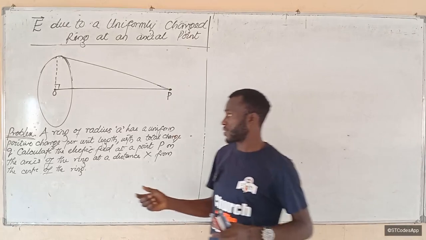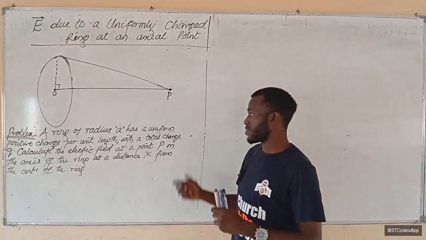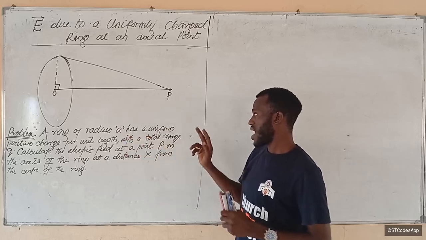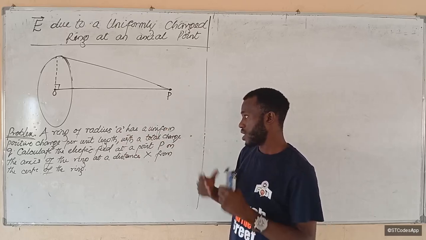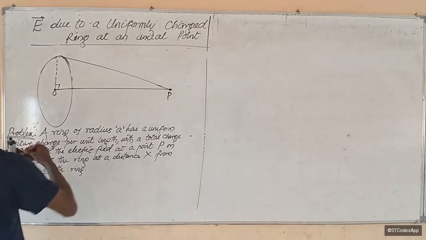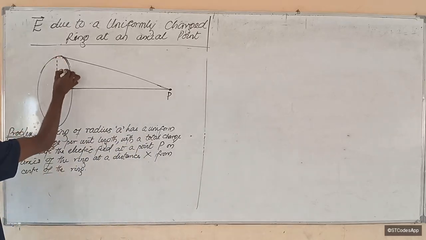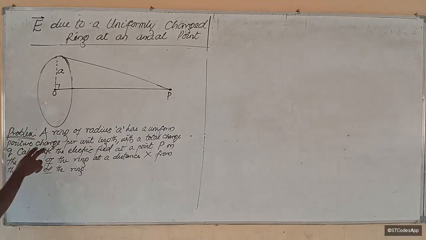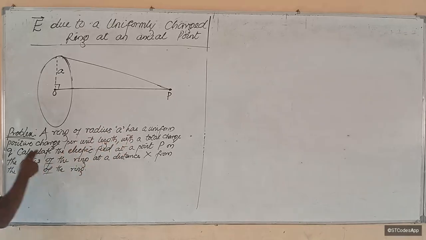Does that make sense? Okay, so a ring of radius A, that's the problem, says a ring of radius A has a uniform positive charge per unit length. So the charge per unit length is uniform.